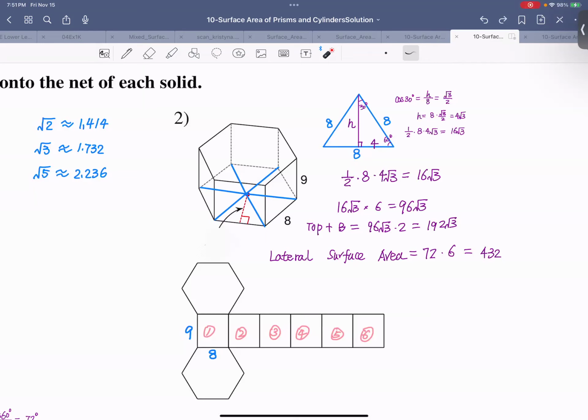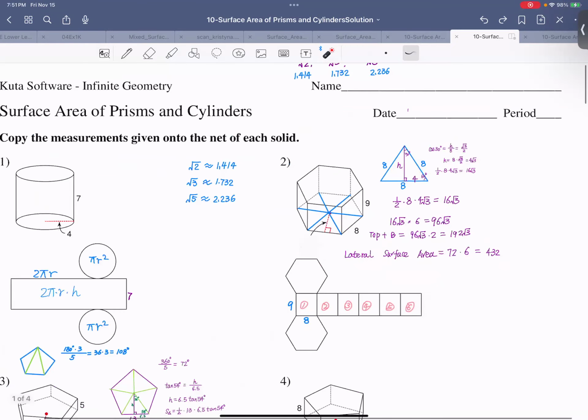Just do this calculation. That's the thing I want you to show me. Show me this so that I got h. And then do the 1/2 times 8 times this h. So you get this surface area, one triangle. You times by 6. This is composed by 6 equilateral triangles. This is one side. You double, which is 2 sides. Okay? And then you can calculate the rectangle area all together.